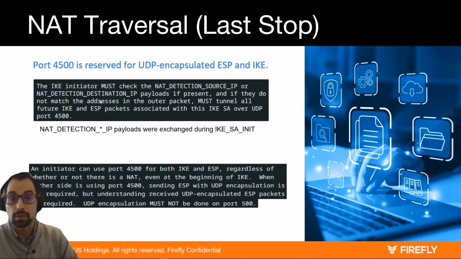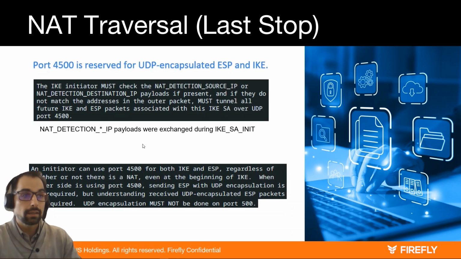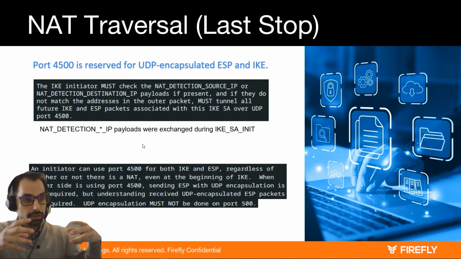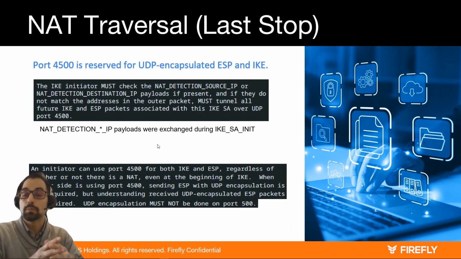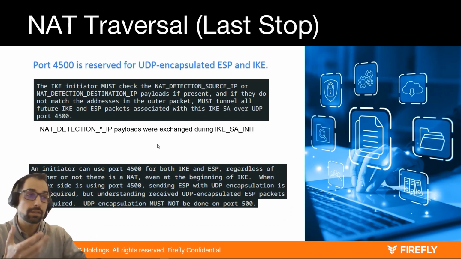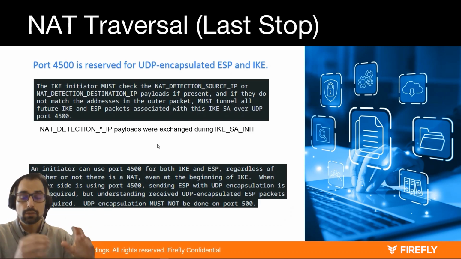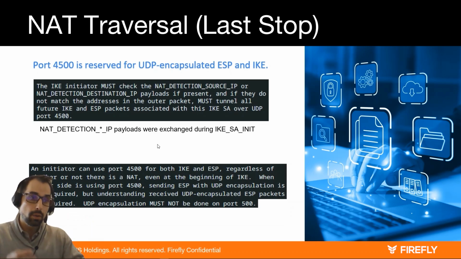So that's why the IETF people say, okay, instead of breaking, of course, the security of the protocol, what we're going to do is just encapsulate our IPsec packets into UDP, right? So we just use the UDP ports and the UDP headers to provide NAT that information, when we have NAT devices in the middle.